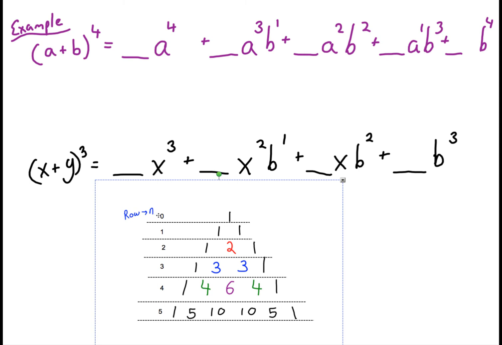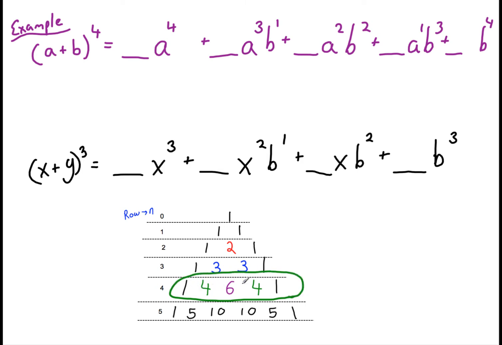Well, n is representing the rows, so all I have to do here is, since this is a 4, come down to the 4th row, and I'm going to plug in these numbers and put them in as coefficients to each one of these terms. So for this one, let's do this in green. So it's a to the 4th. That means I'm going to come down to this 4th row.